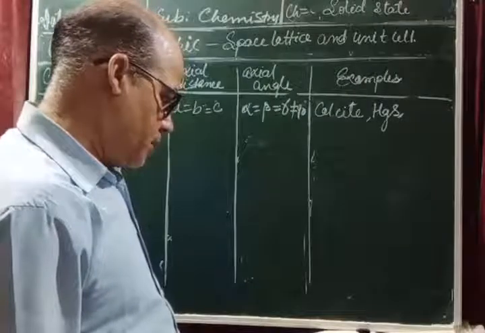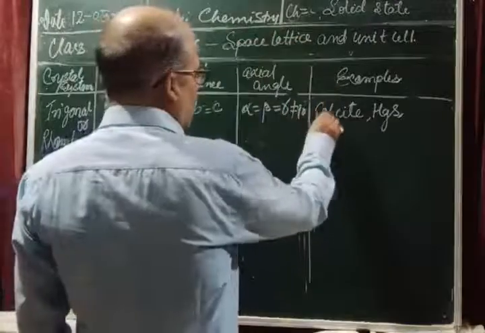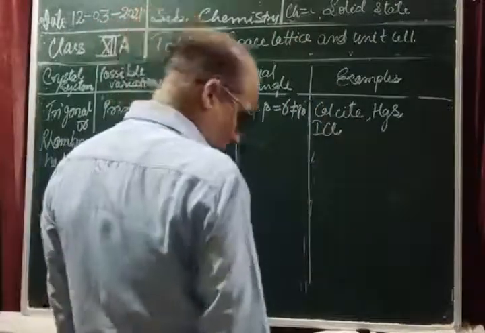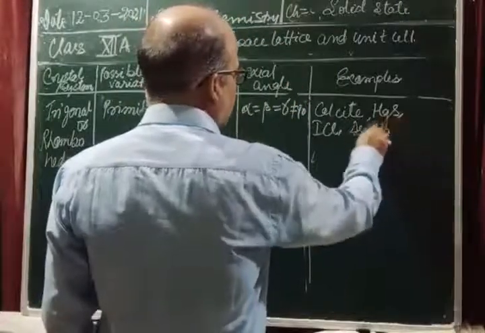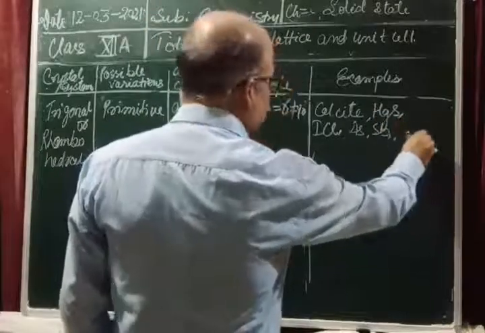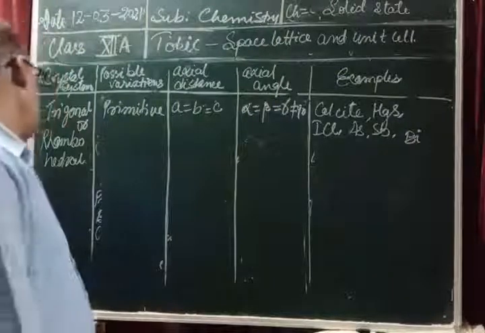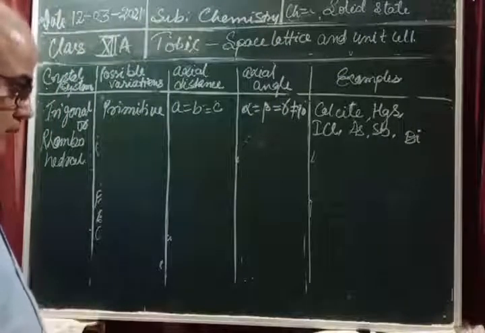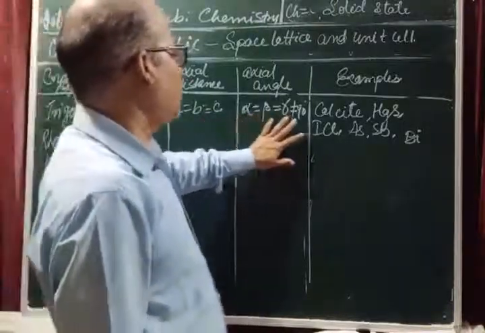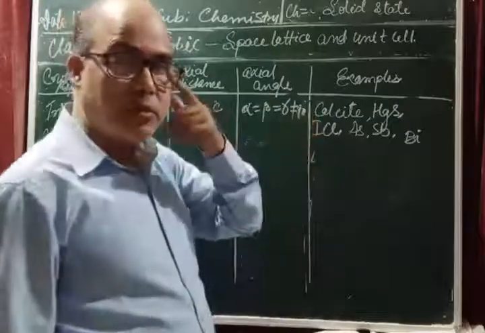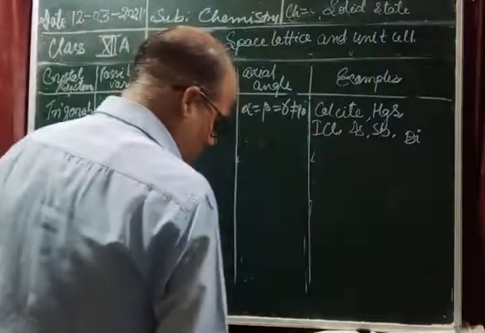Zinc sulfide, mercurous sulfide, it is known as cinnabar, and iodine chloride, arsenic, antimony, and bismuth. These are the trigonal or rhombohedral, in which A, B, C are equal, but alpha, beta, gamma are equal and not equal to 90 degree. Next one is the monoclinic.